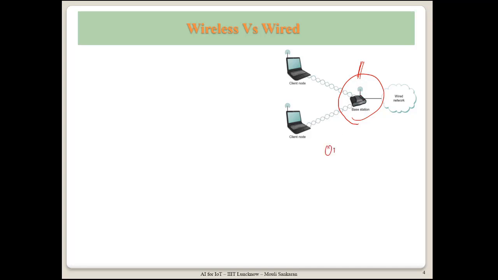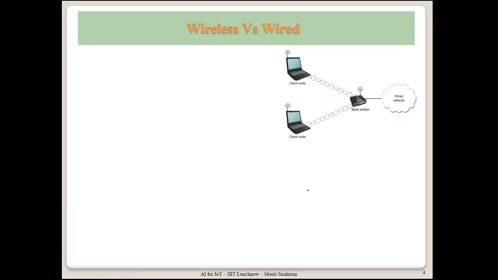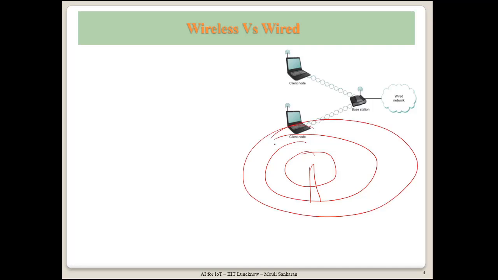This is called omnidirectional, OMNI, omnidirectional. That means it sends signal in all directions, the same intensity of signal. So antennas come in different ways, and if it is omnidirectional, that means it is sending signal strength in all directions the same way.